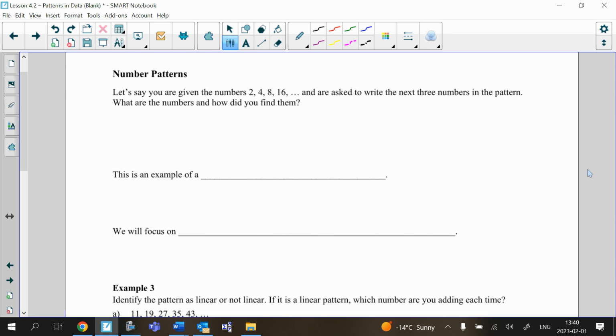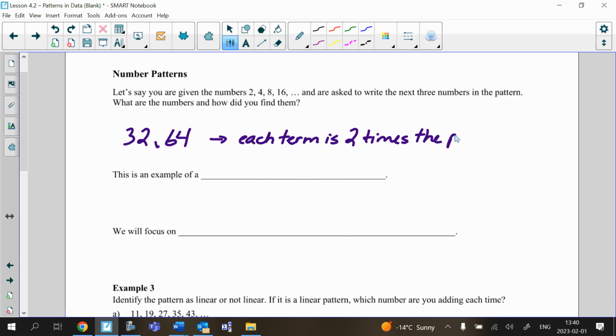Each term is double, or 2 times, the previous term. Whenever we multiply to get to the next term, that's an example of a geometric sequence, something that we're actually not going to look at, but some of you have seen before.